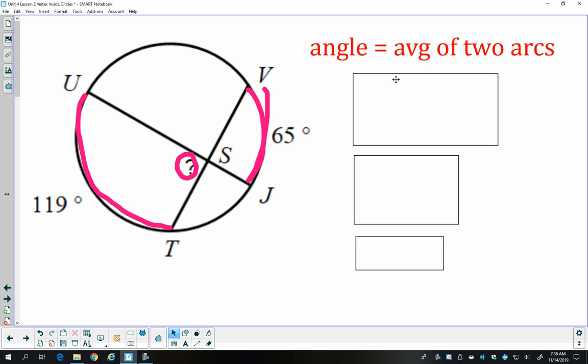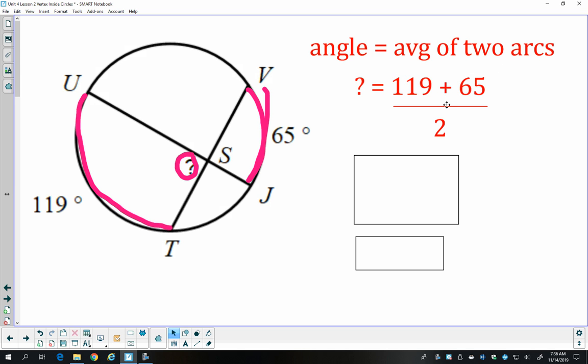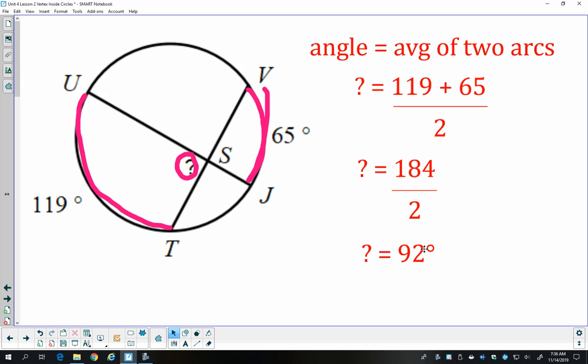And when you do that, you commit that relationship to memory. So the angle is equal to the average of the two arcs. Plug question mark in for the angle, and then I average the two arcs, and I end up with that angle being 92 degrees. And so that means this angle, question mark, is 92 degrees, and this angle over here is also 92 degrees.